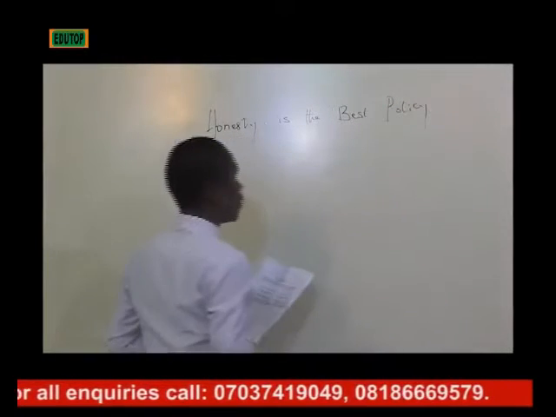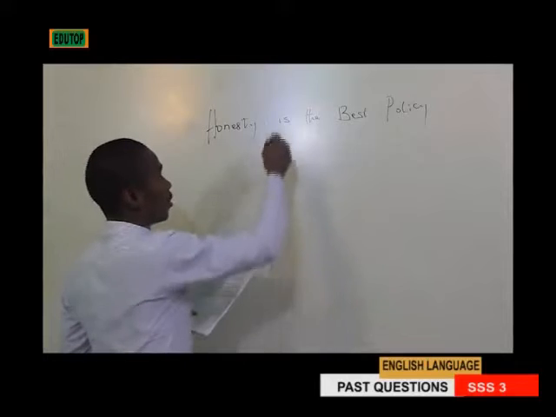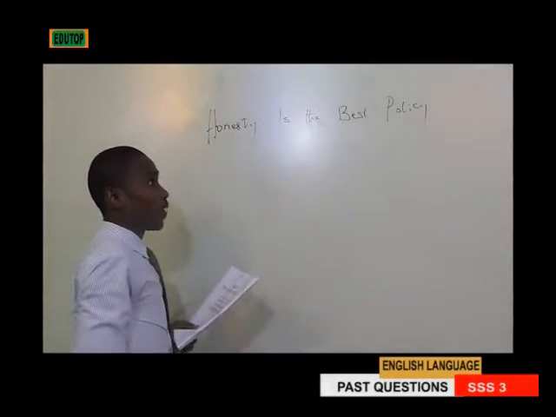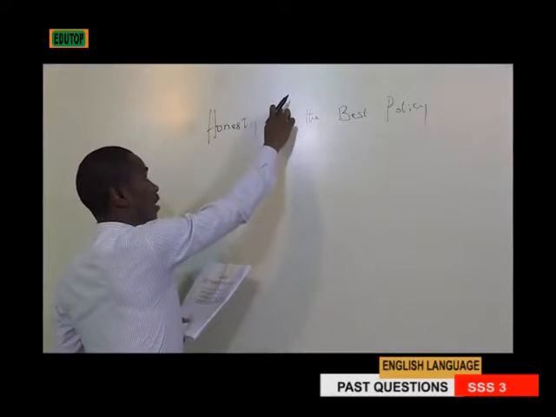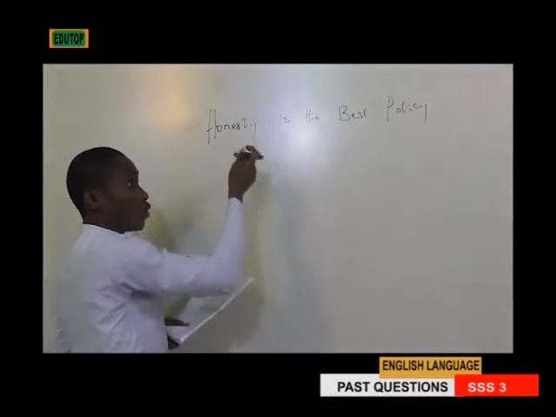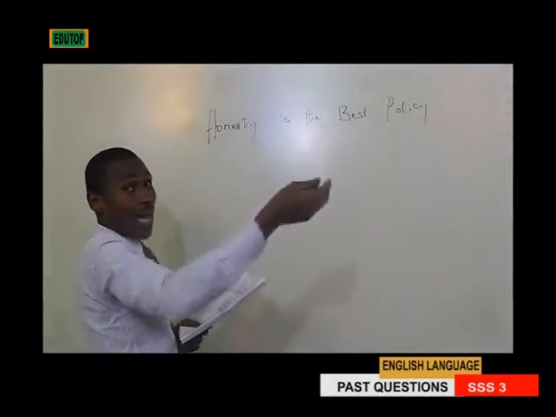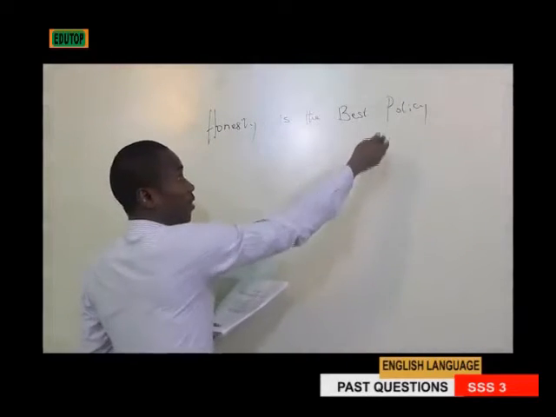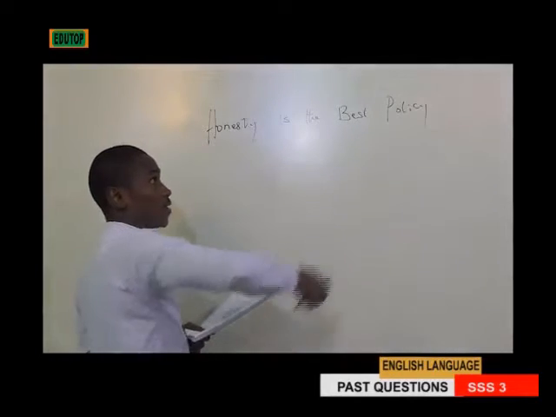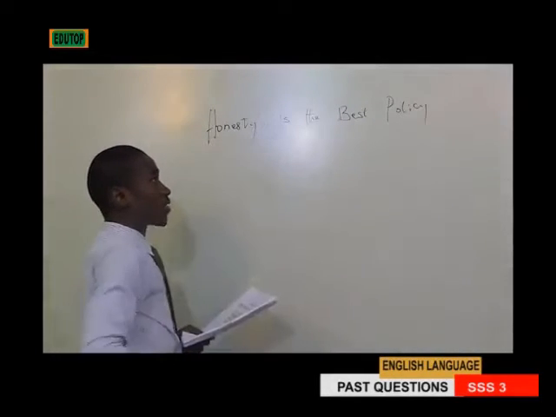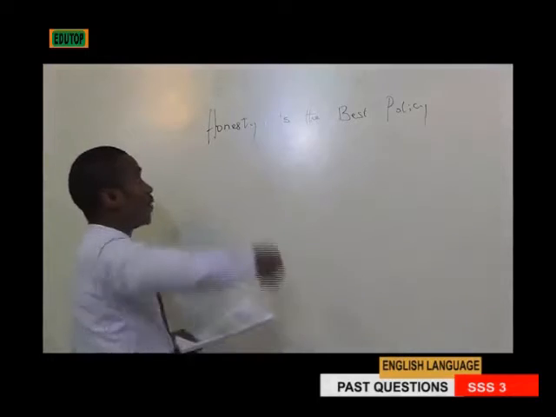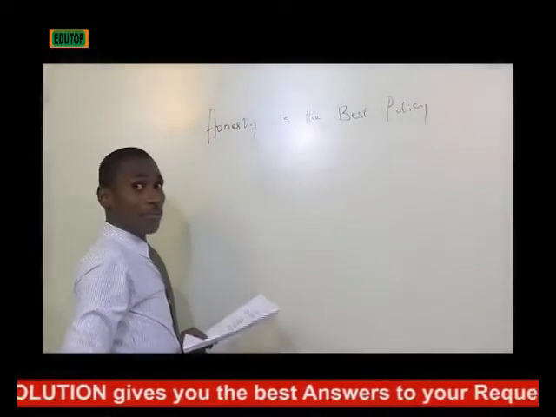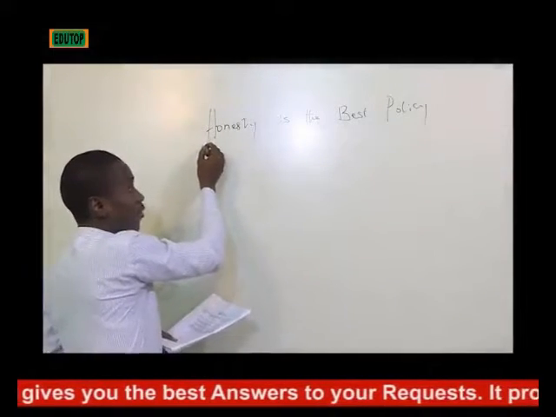So if it is like this, "is" is supposed to be in uppercase because it is a verb. Okay, this is not a lexical verb, it's a primary auxiliary verb. So for the verbs, nouns, adjectives, they are supposed to be written in uppercase. Policy is a noun. Best is an adjective. This is a primary auxiliary verb, and of course, honesty is a noun.